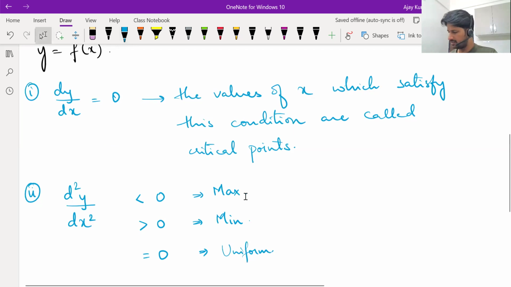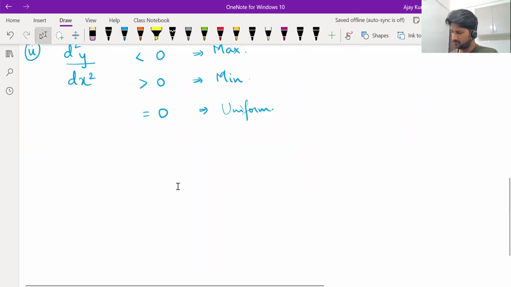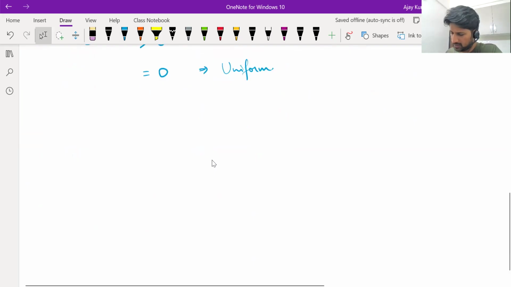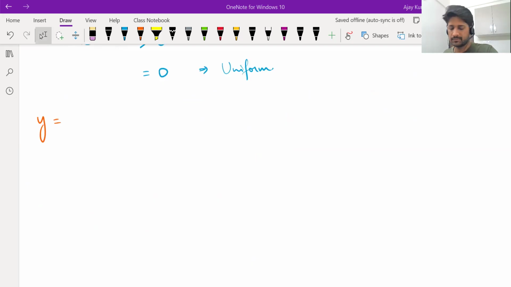Okay, I'll explain this to you with an example. Some of you seem to have forgotten. Just one quick example we will take. Suppose y is equal to x cube minus 5x square plus 6x.